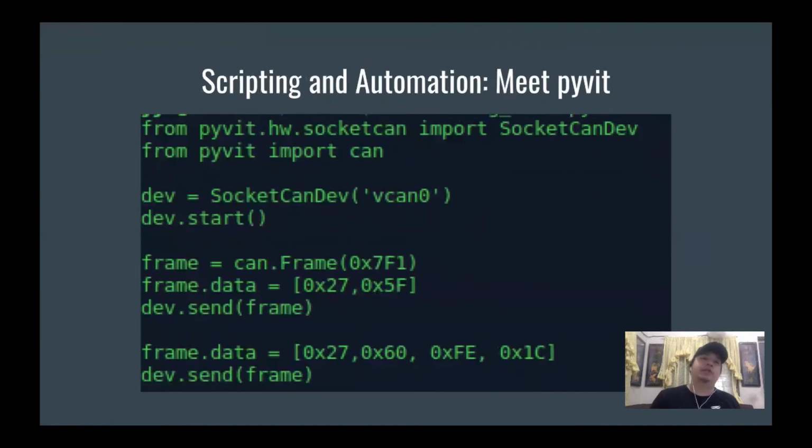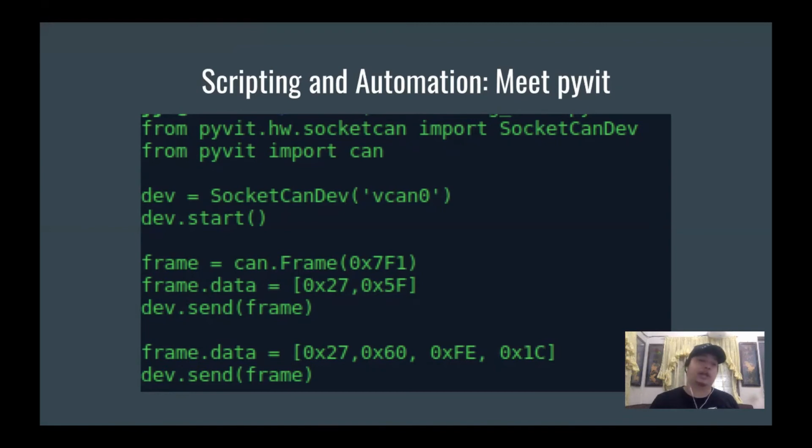For scripting and automation, the developer of CANtact has also made a good Python library called PyVit. And here's a sample script that you could use, wherein you're actually sending a UDS arbitration ID of 7F1, and then your frame data of 0x27, 0x5F, and then another frame data of 27, 60, FE, and 1C.